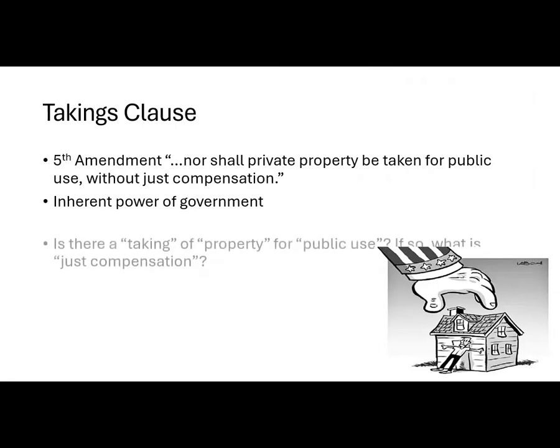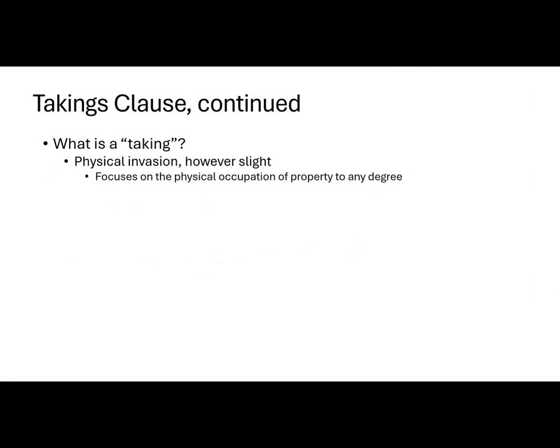Let's start with a taking. What is a taking? A taking can be a physical invasion of private property, however slight. Even just laying a cable in the ground of a person's property constitutes a taking.